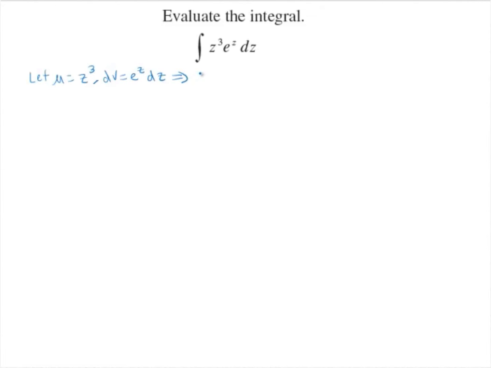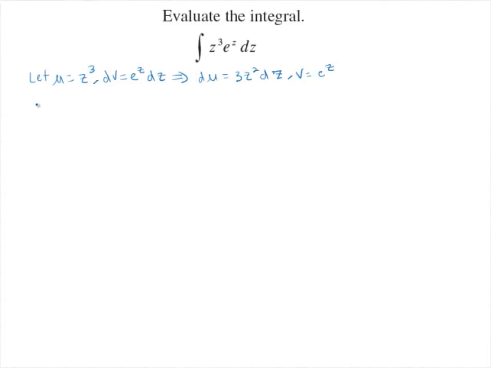With that, du, taking the derivative here, equals 3z squared dz, and v equals e to the z. The integral of e to the z is e to the z.